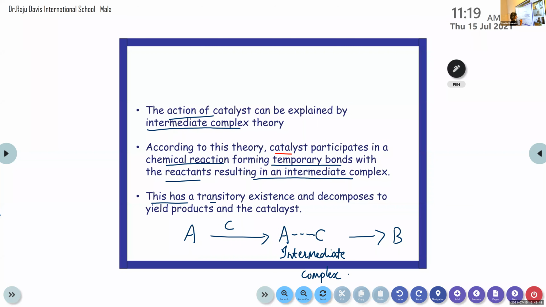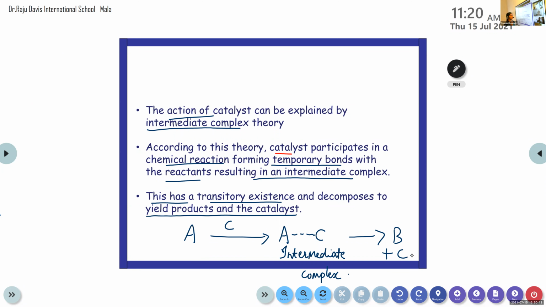This has a transitory existence and decomposes to yield products and the catalyst. Here, along with the product, the catalyst is also obtained without undergoing any permanent chemical change. That's the difference between the catalyst and other substances. A catalyst is a substance that alters the rate of a chemical reaction without undergoing any permanent chemical change.